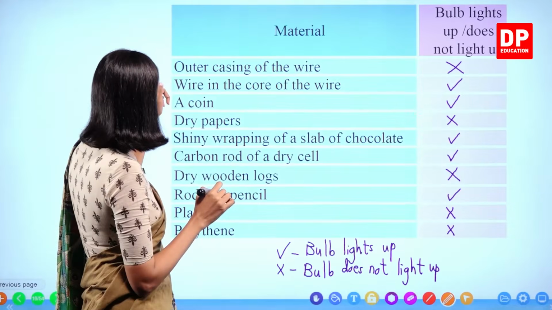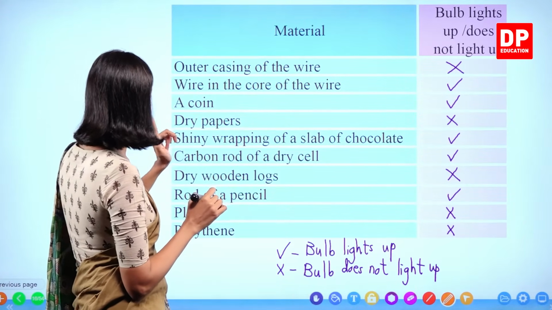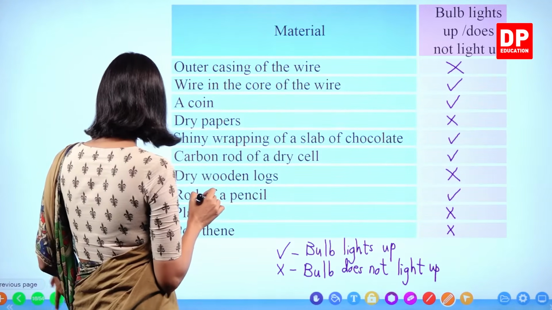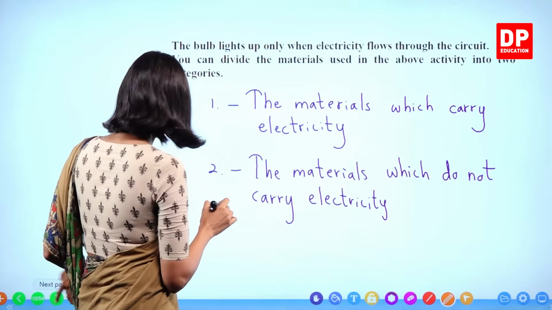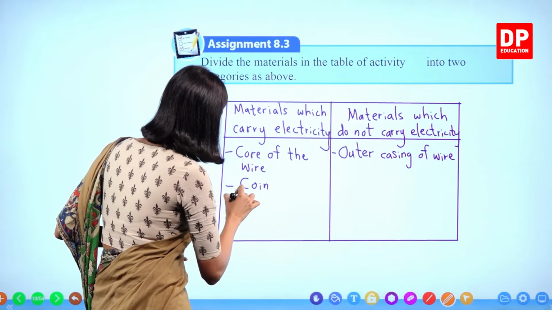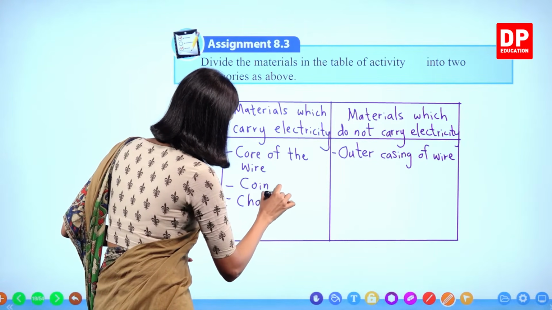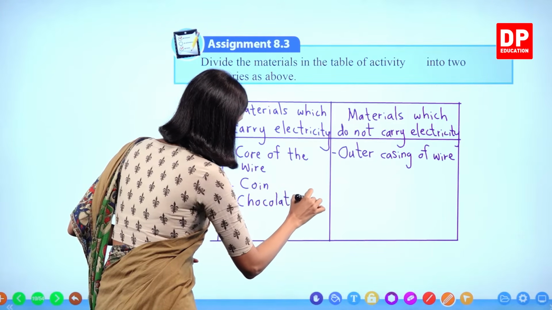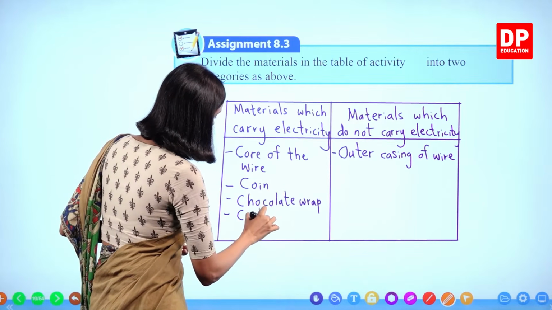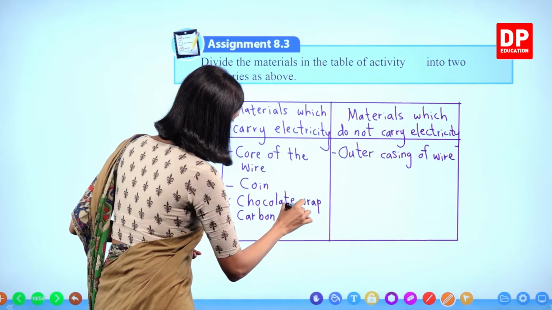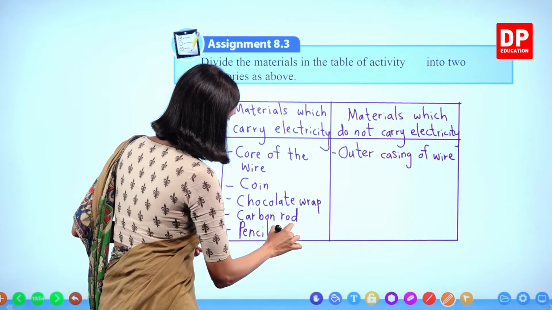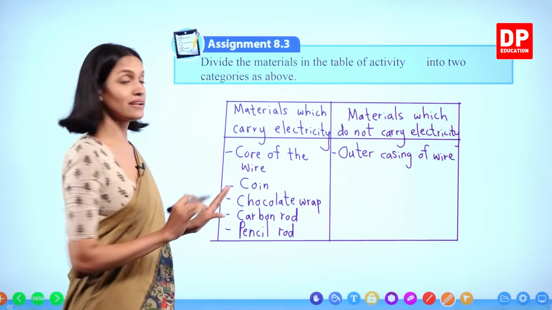The coin carries electricity, shiny wrapping carries electricity, carbon rod carries electricity. We'll write coin, chocolate wrapping, carbon rod, and finally pencil rod. Pencil rod also. All these things carry electricity.